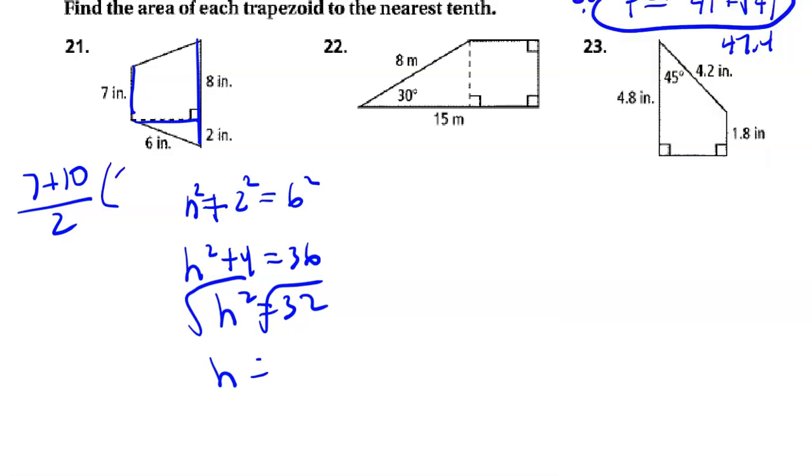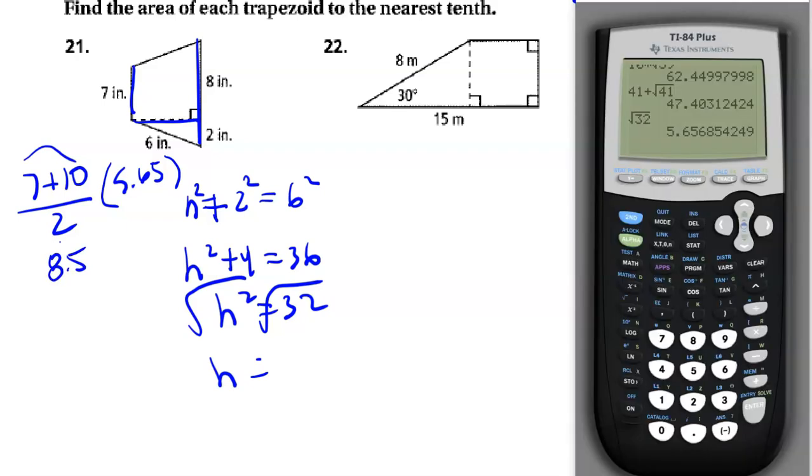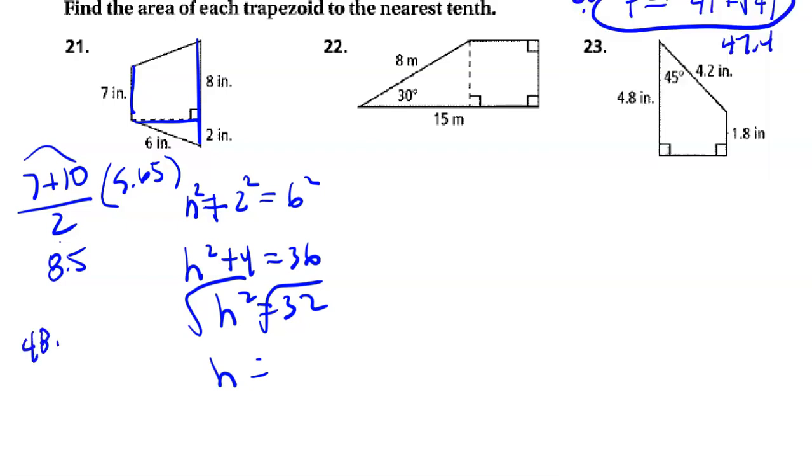So we're going to times this by 5.65. So that's 17 chopped in half, which is 8.5 times 5.65. 48.025. And that would be inches squared.